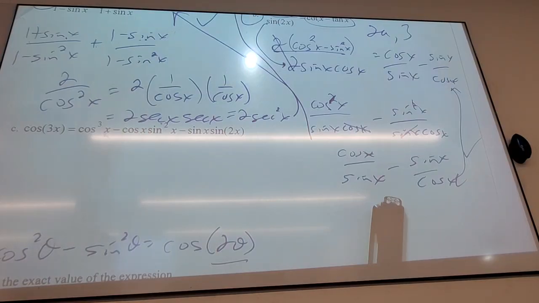So, can anyone see anything you can do with one side or the other? When you're doing this as a student, part of this is just, do you see something to try on one side? If so, try it. See if it takes you anywhere. We can write out the cosine of 3x. Okay, good.